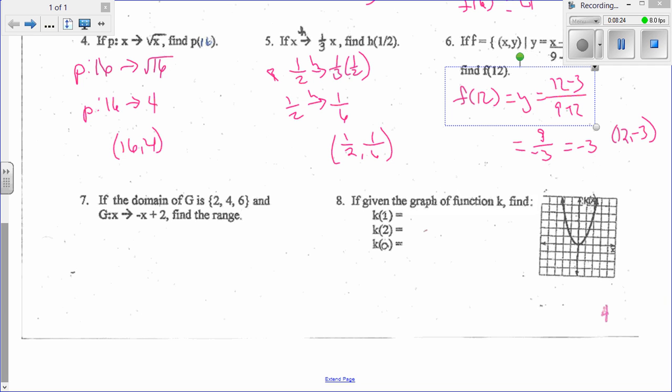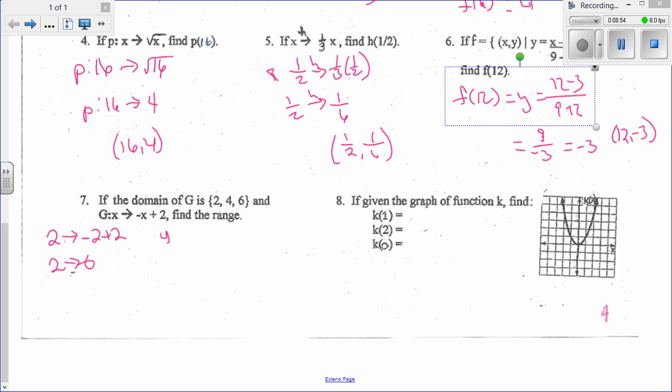For number 7, if the domain of g is 2, 4, and 6, and g is the function x changes to negative x plus 2, find the range. Well, if I'm given the domain, which is x, to find the range, which is y, I'm just going to take x and substitute in and find y. So I substitute in 2: negative 2 plus 2, so my answer is 0.